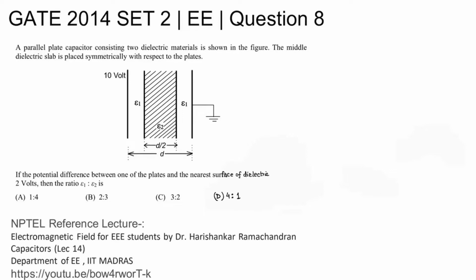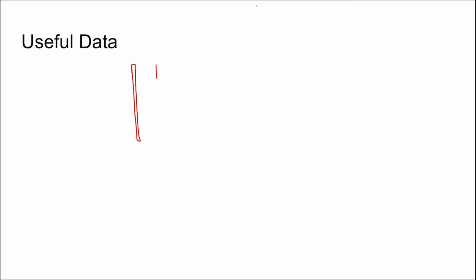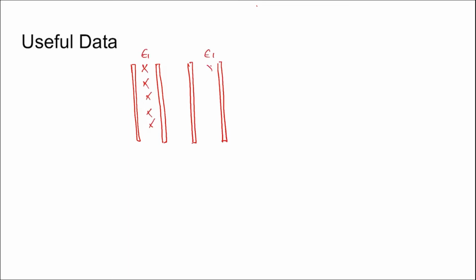So as you see, due to the placing of the two dielectric materials, three capacitances have been formed. Coming to the useful data, two different dielectric materials are there. This one is epsilon 1, this one is also epsilon 1, same material, and here you have epsilon 2 material, and these are the conducting metal plates.